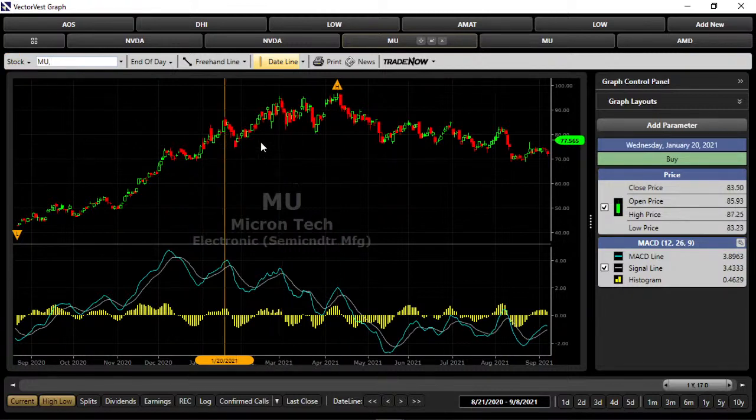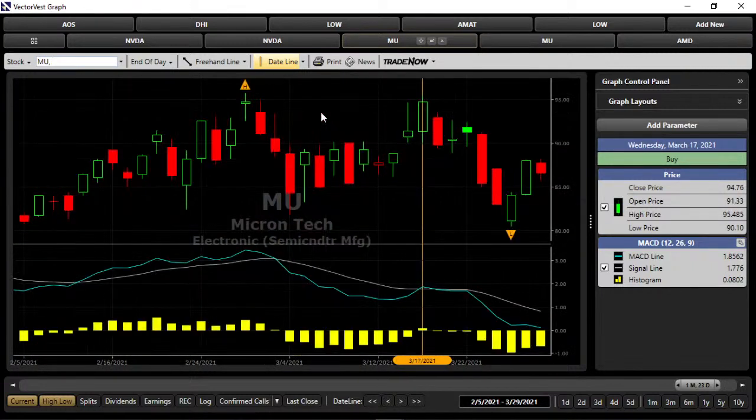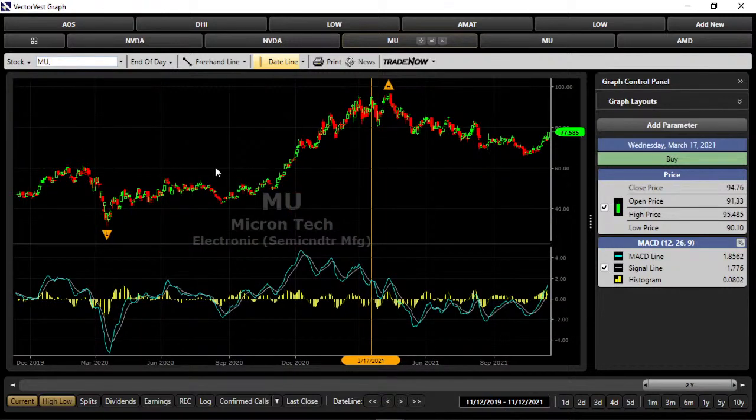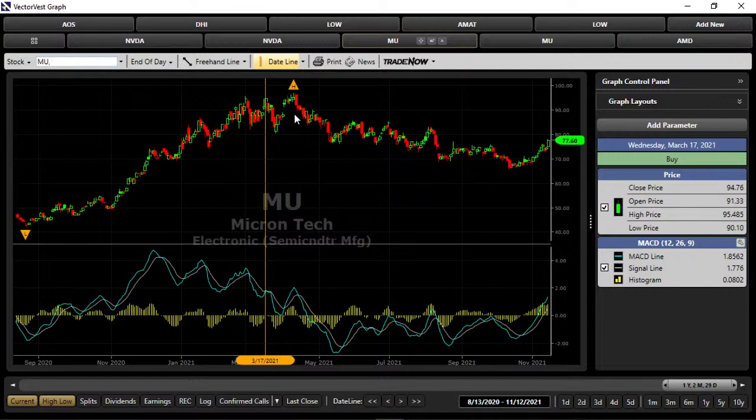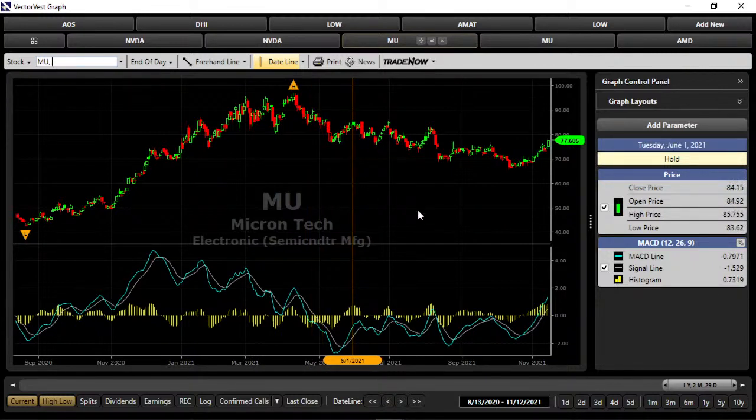Higher high, higher high, higher high. Barely, tough. No, not a higher high. Actually, you know what? Nope, not a higher high. There's the high. Okay, yes, we hit a higher high, but this was a lower low than this one. And now we're just breaking down. We're definitely not in an uptrend anymore. Abandon the MACD.